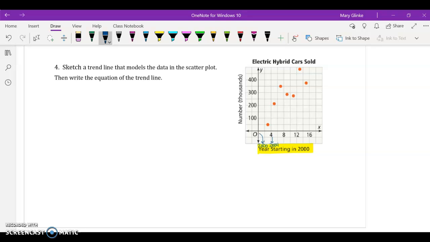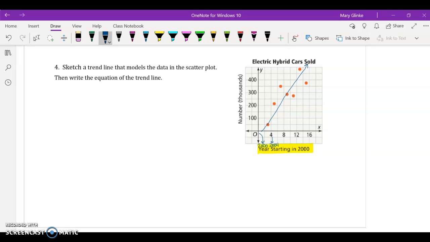So looking at this, everyone should have a different trend line. Draw the trend line that you think best depicts the data. Mine is going to go somewhat like this, because to me, I have a couple of points above, a couple of points below. I'm trying to go through the middlemost data that I can. Okay?